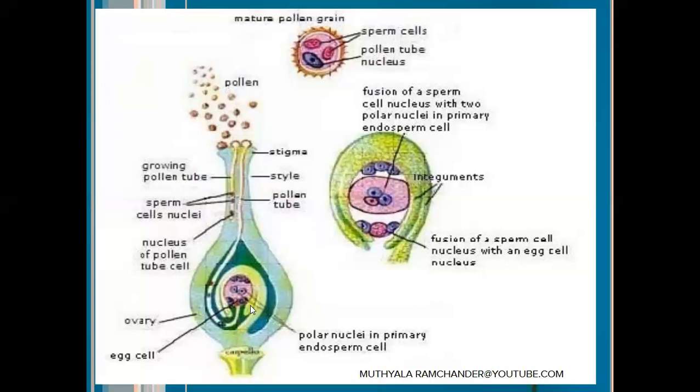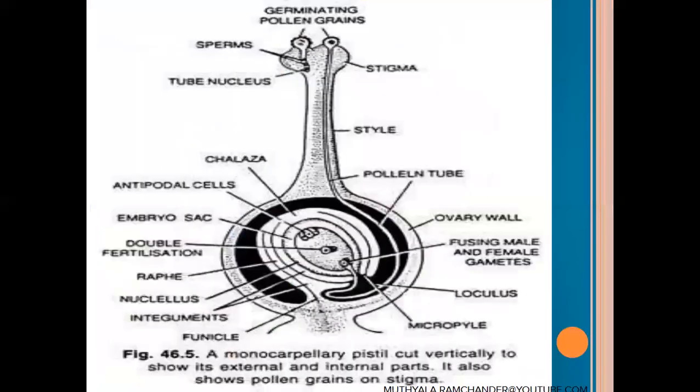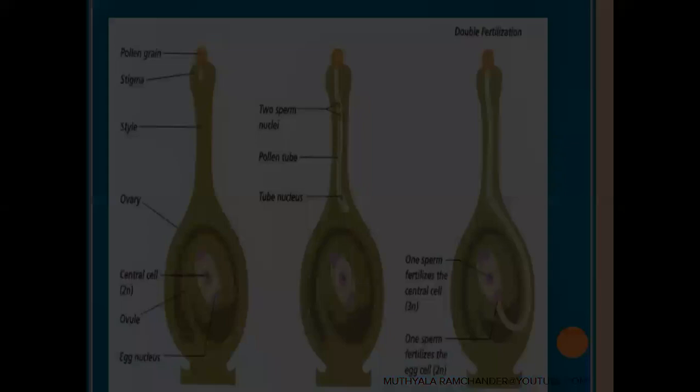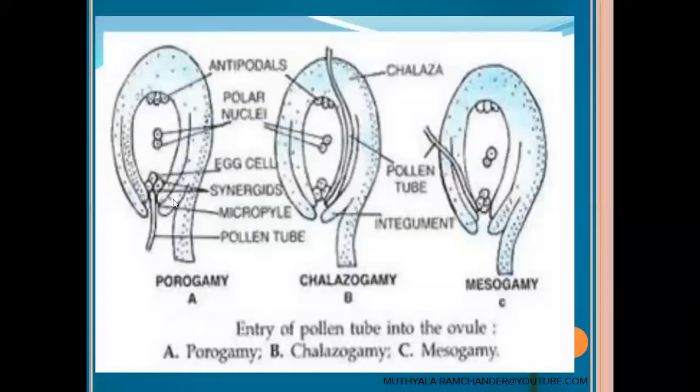It enters the ovule in three ways. See, here the pollen tubes reach the ovule and enter it in three ways: one is porogamy, second is chalazogamy, third is mesogamy.